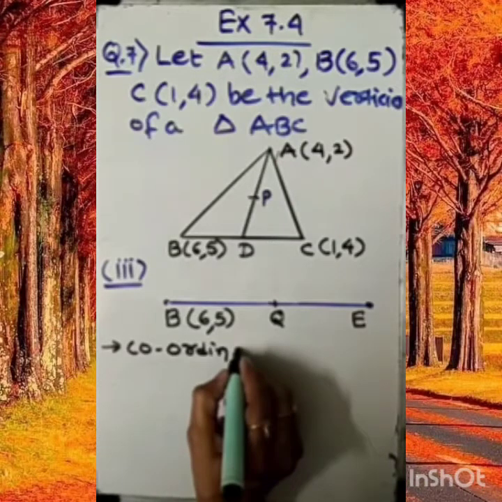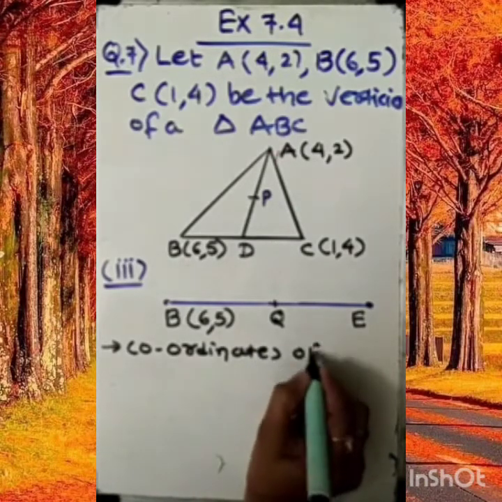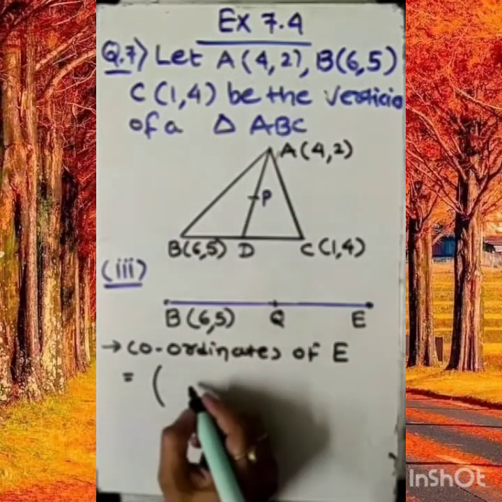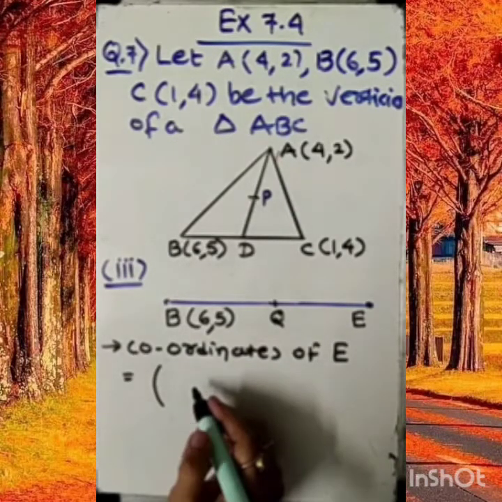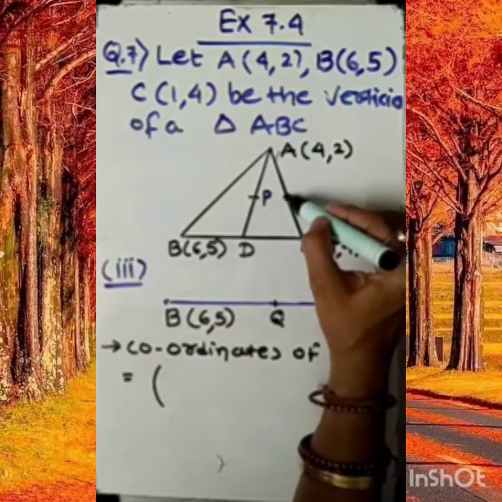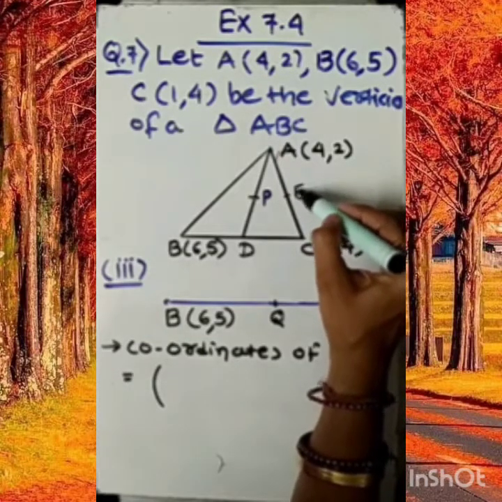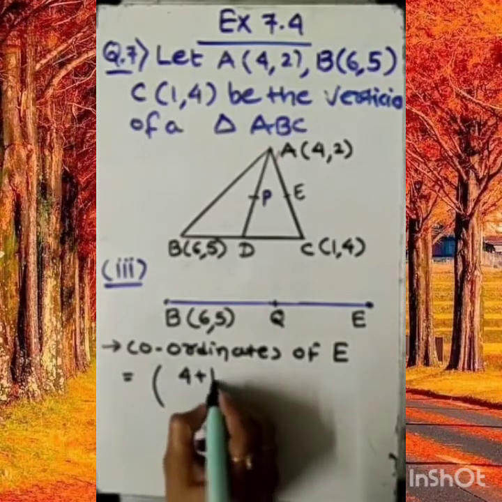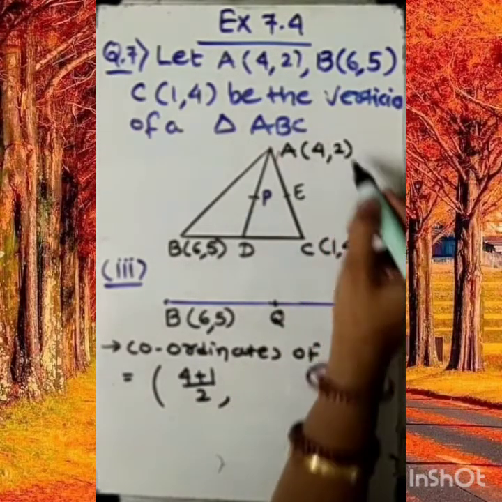How to find? Very simple, very easy. We know very well that E will lie here somewhere. So I need to say 4 plus 1, half of it, as we did in the first part, and 2 plus 4 divided by 2.